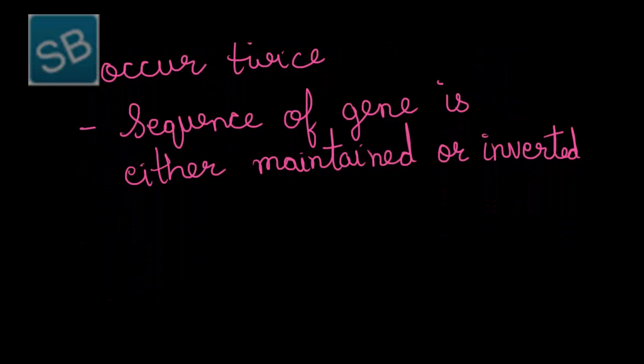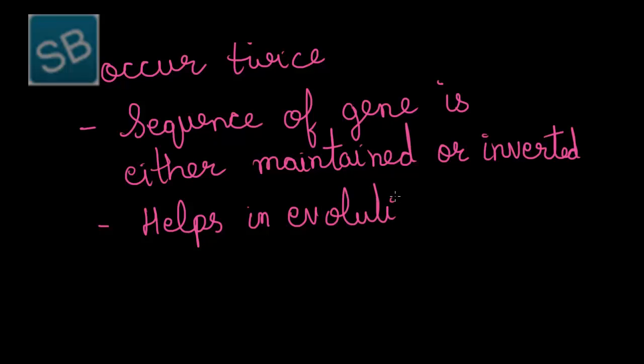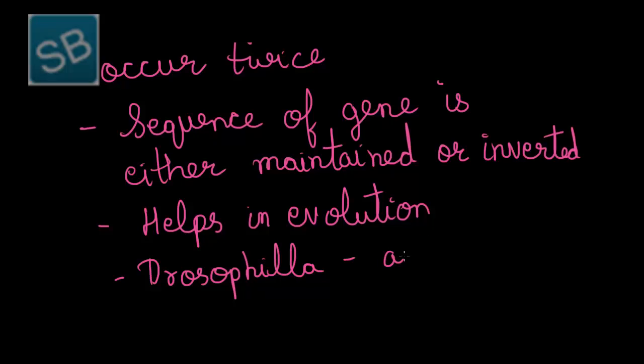Duplication plays a very important role in evolution, due to which new chromosomal structures can be introduced. Such a type of duplication generally occurs in Drosophila, where the abnormality in the size of the eyes occurs.